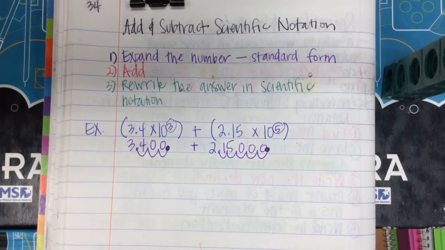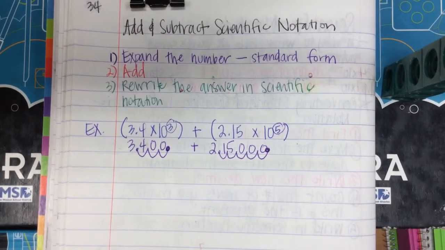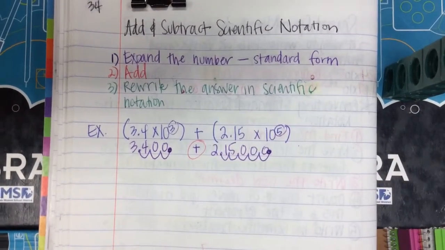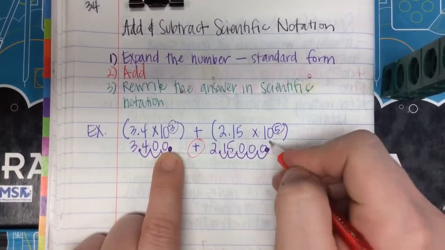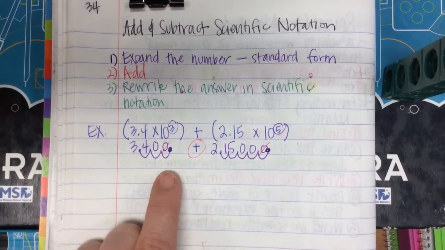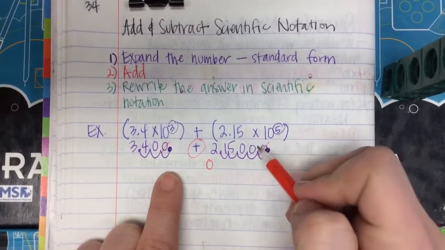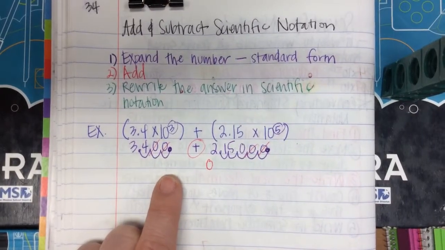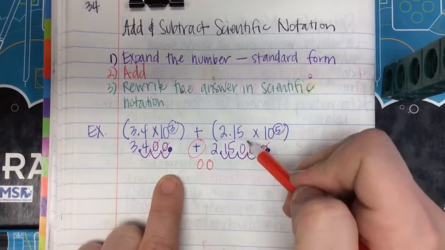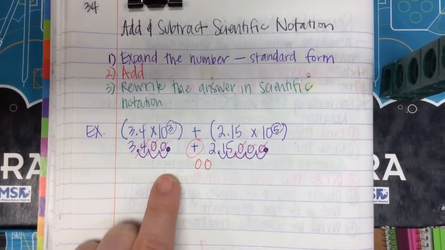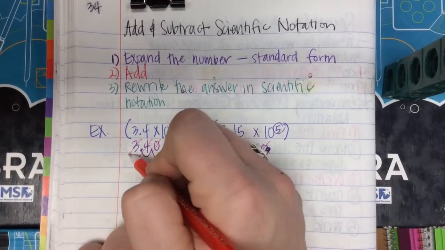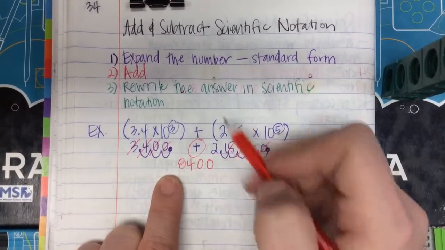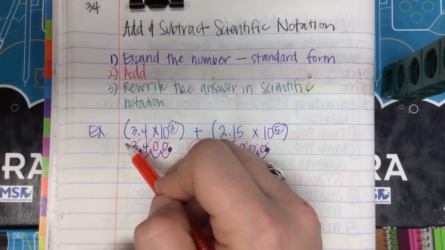What's step number 2? How come I'm adding in this problem? Because it's an addition problem. You can use your calculator or you can start at the decimals. 0 plus 0 is 0. 0 plus 0 is 0. 0 plus 4. 5 plus 3. 1 plus nothing.